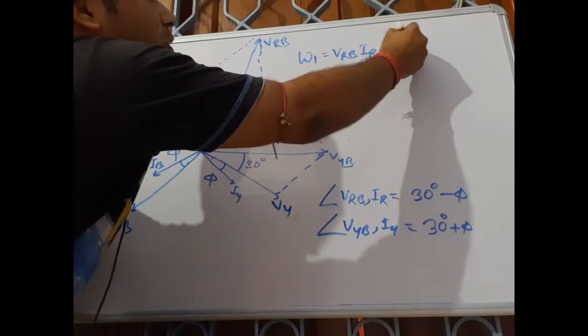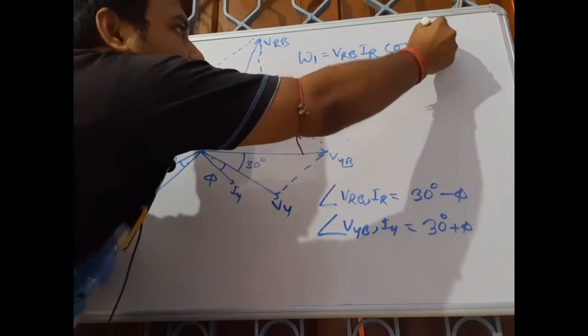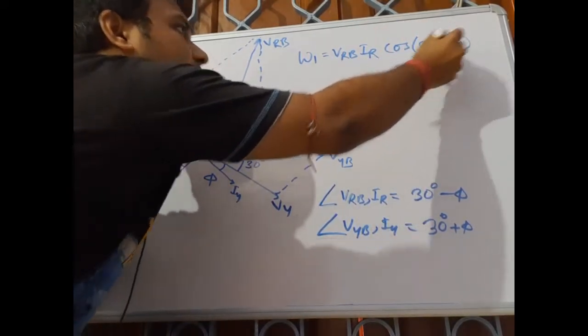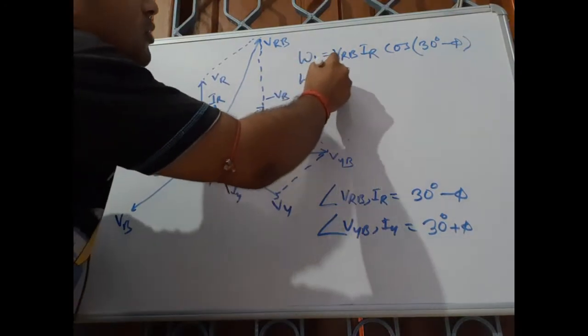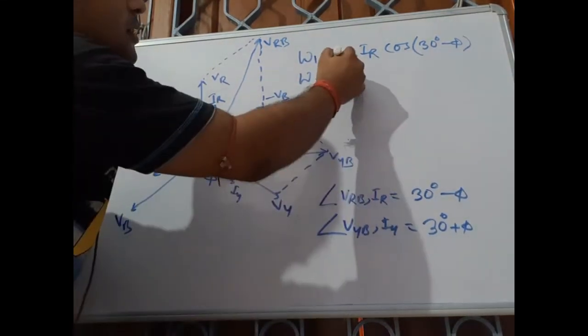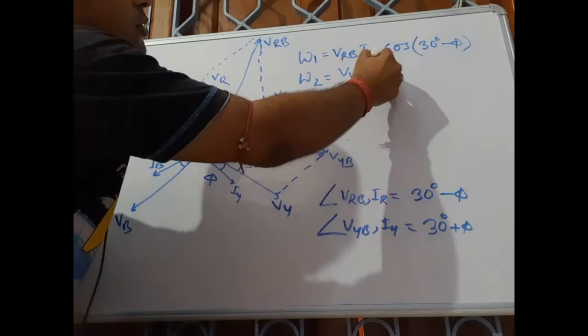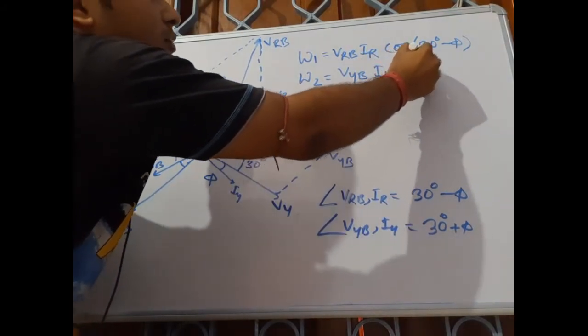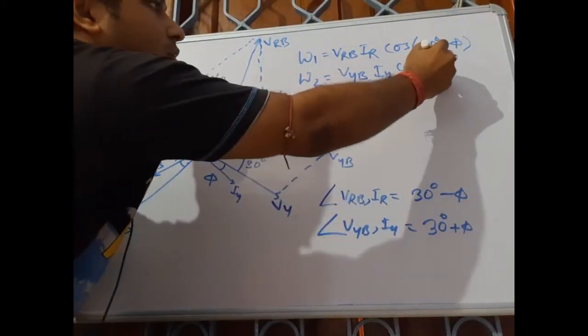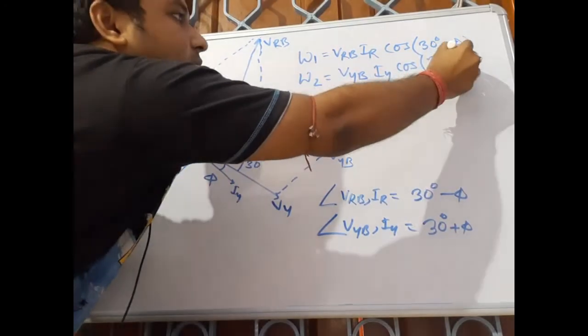So this will be cos of 30 degree minus phi, and the W2 will be VYB into IY cos of the angle between these two, 30 degree plus phi, right?